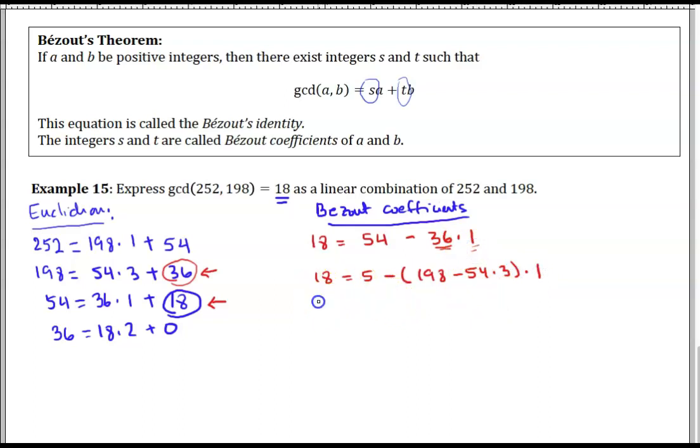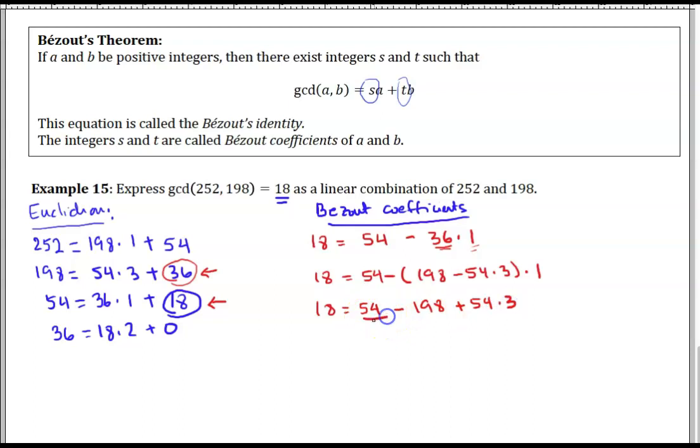Okay, so now, don't multiply things because it's going to get confusing. We're going to distribute to get rid of the parentheses and collect like terms. Okay, so I see that I have a 54 and then minus 198 and then plus 54 times 3.